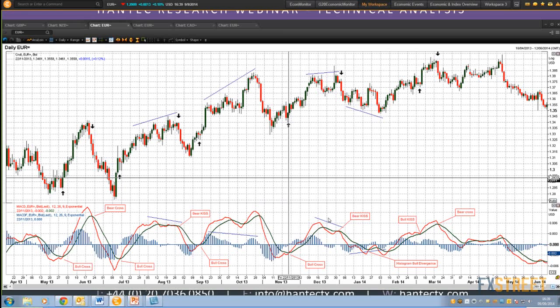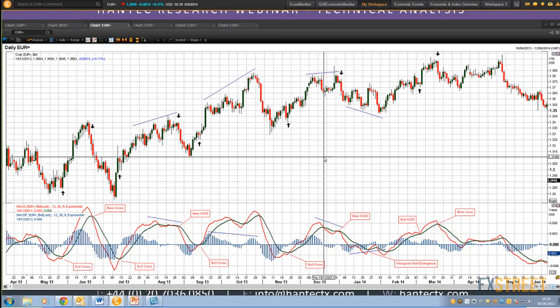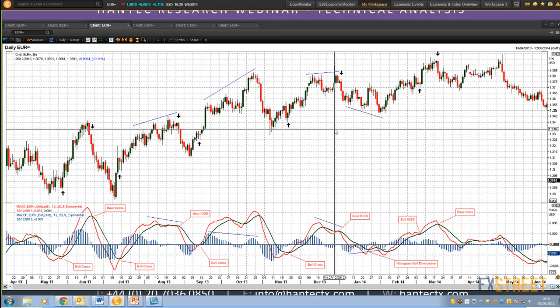So you've actually got a crossover, which effectively suggests that maybe there is a correction coming, or at least you'd be looking for your profit trigger to kick in. You then get a kiss to the downside. Now, I think on that second kiss, you're thinking, okay, maybe there is something I can do with a short position. Maybe not go all out, because you're obviously trading against the trend.